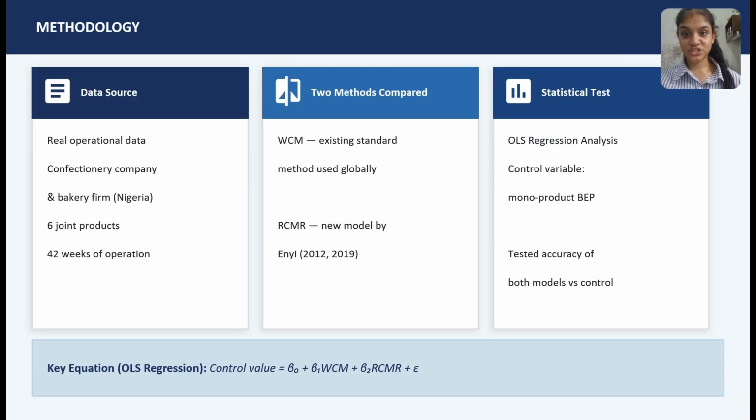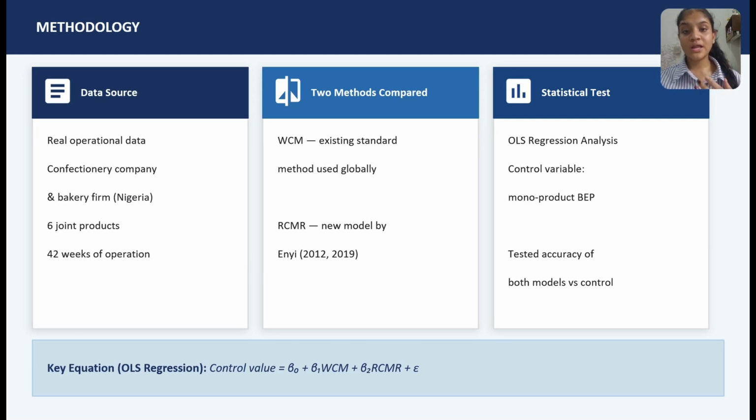Next, the methodology. To test his hypothesis, he collected real operational data from a confectionery company and a bakery firm, analyzing 6 joint products over 42 weeks. He then compared two methods side by side, the existing WCM method and his proposed alternative, which is the reverse contribution margin ratio, known as RCMR, which he originally introduced in 2012.